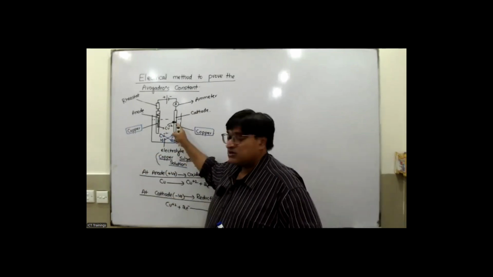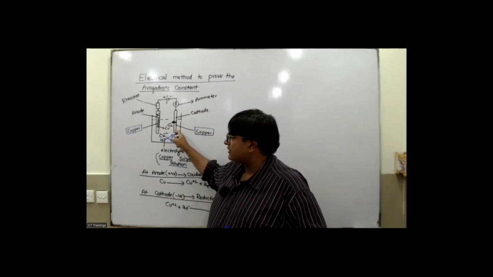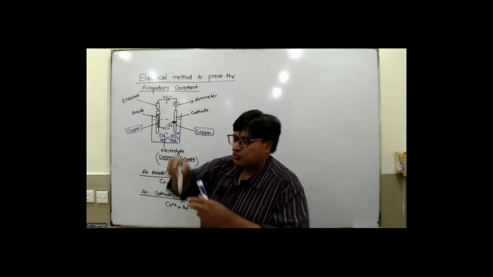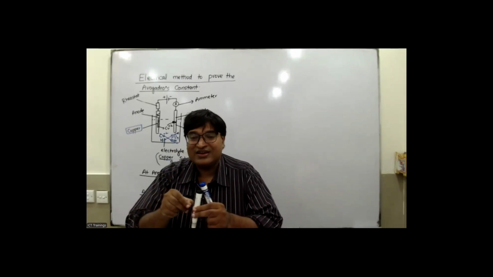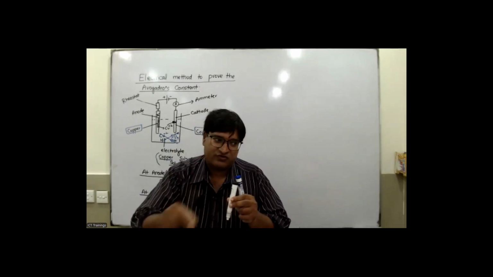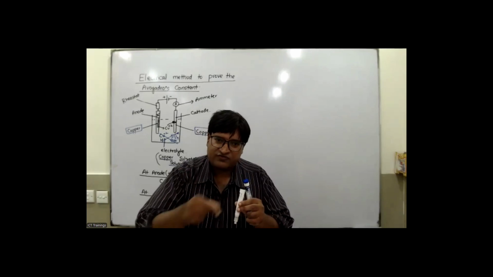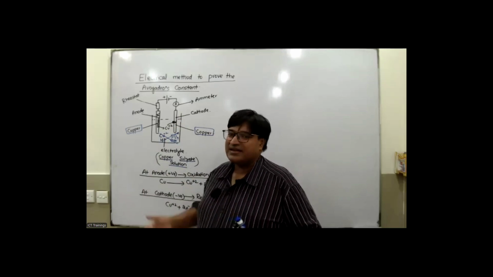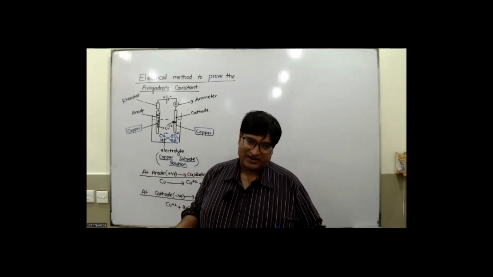If the deposition of copper on the cathode is faster, and you remove the copper cathode, there are chances that the copper atoms could flake off from the copper cathode. So automatically your results would be affected.